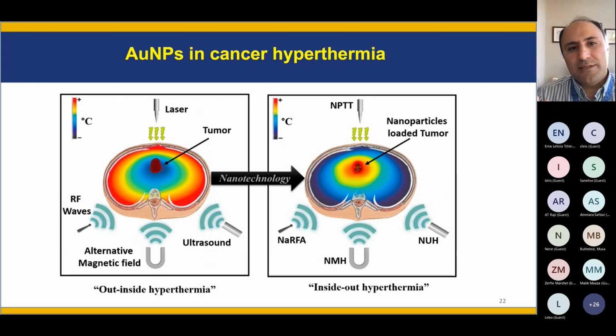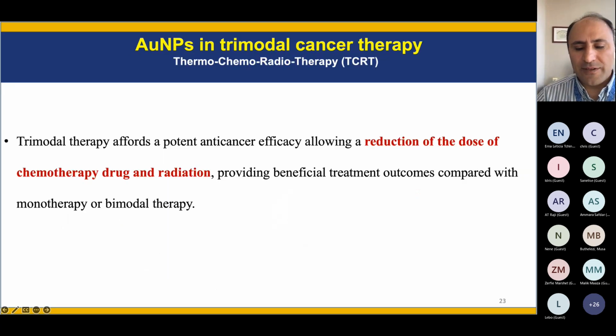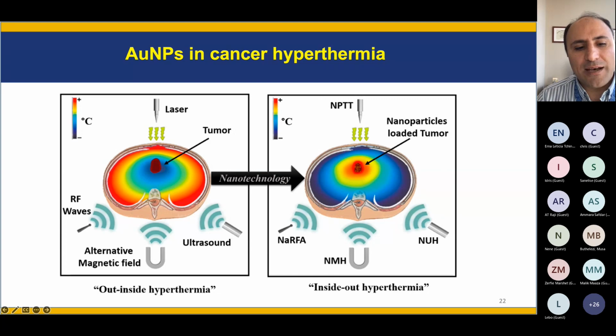And actually, this is a game changer. The conventional method of hyperthermia, if we use laser, ultrasound, alternating magnetic field, or radio frequency, is outside-in hyperthermia. This means that we have a source of energy outside of the body. So if the target or tumor is here, we have a hot spot in the path of the laser or ultrasound.